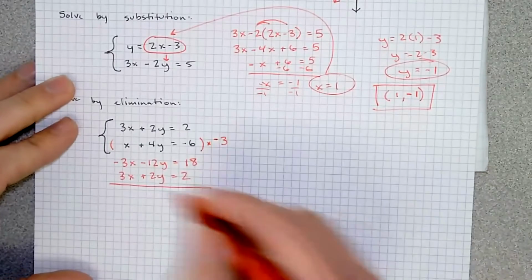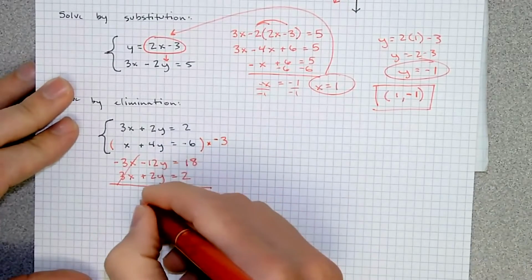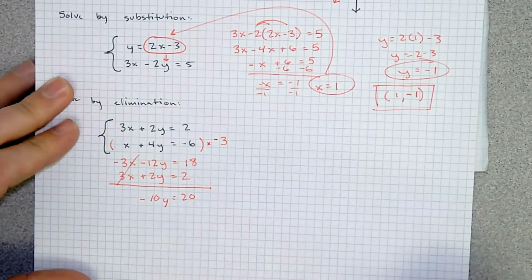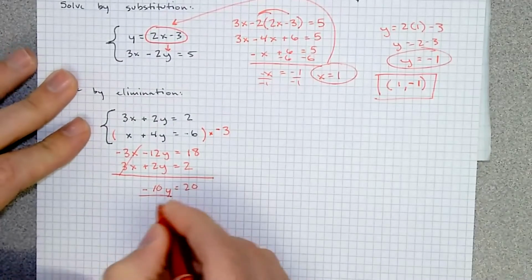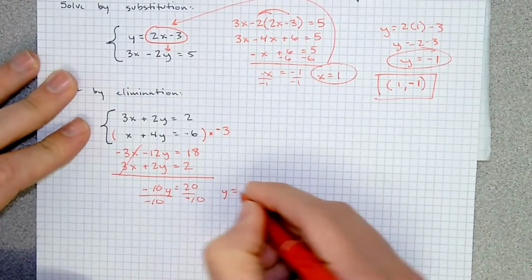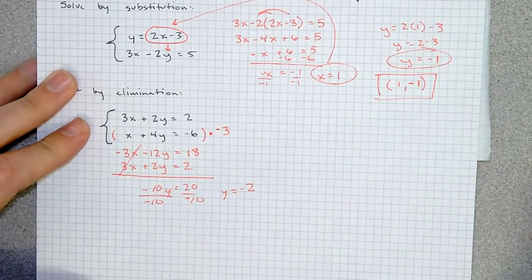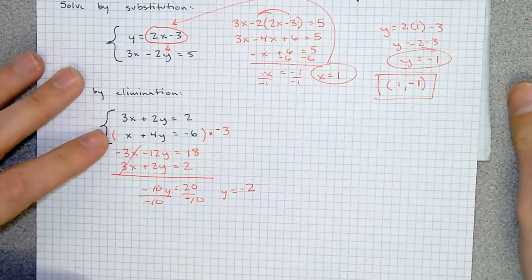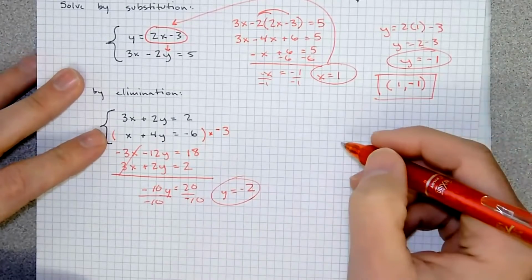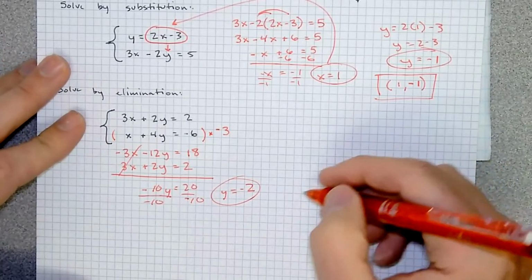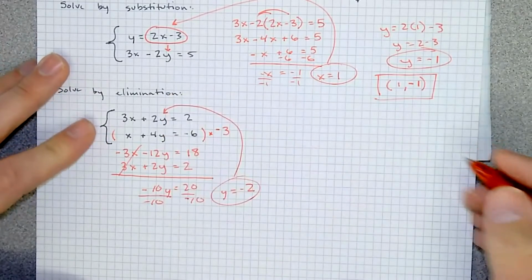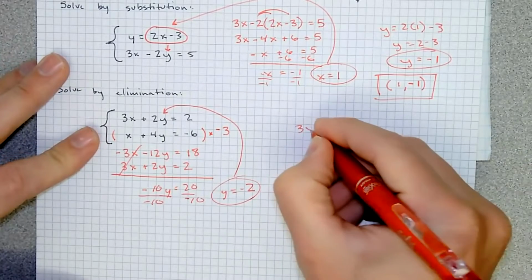So now when I combine them, my x's cancel. I get -10y equals 20. Divide by -10. Y should be equal to -2. Plug it back into one of these equations. I'm just going to plug it into the top one.